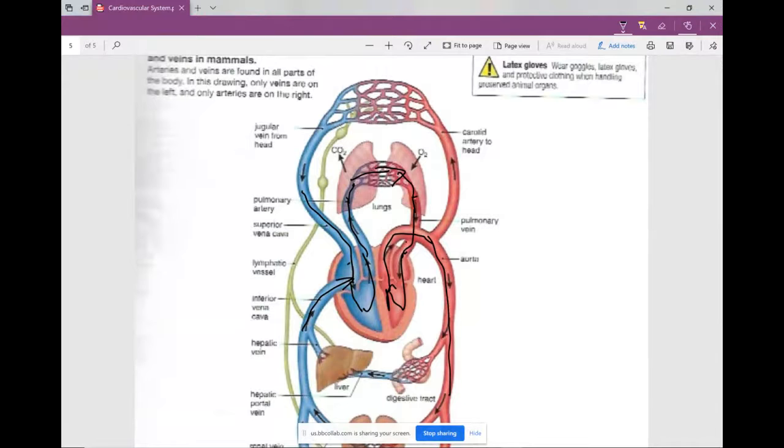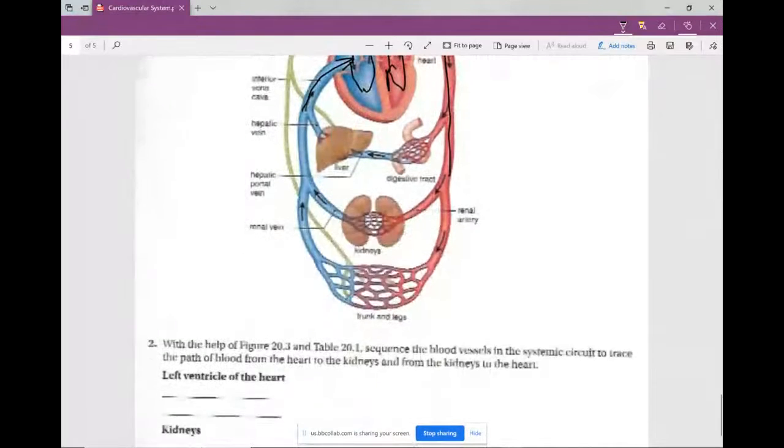All right, and the aorta becomes the dorsal aorta or the brachiocephalic artery, which splits up into the carotids, the subclavians, etc.